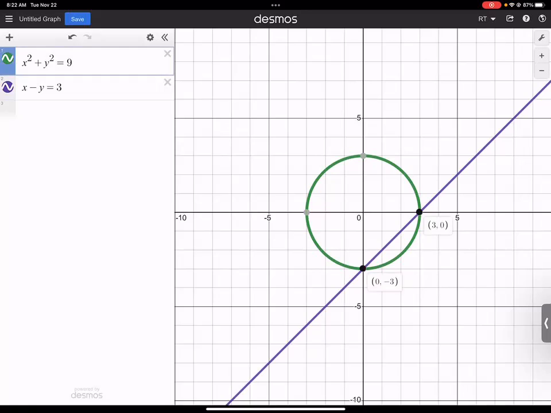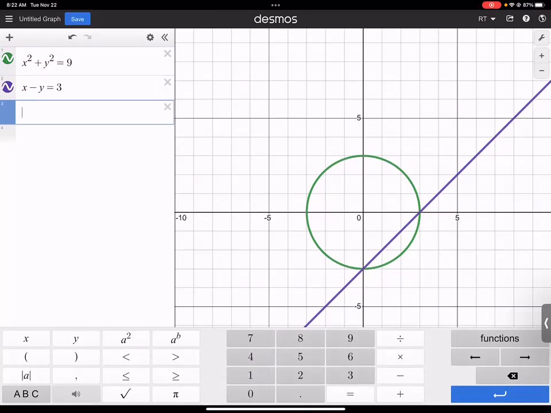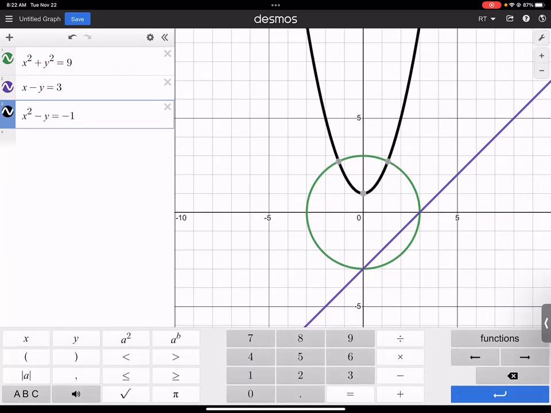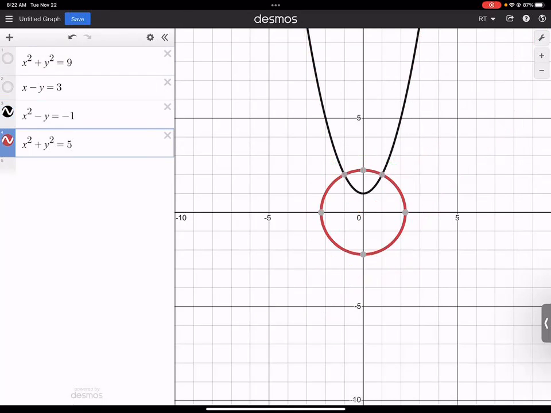Okay, the second one, x squared minus y equals -1, and x squared plus y squared equals 5. I should have turned some of those things off. The second one is these two things, right? x squared minus y equals -1 is a parabola, right? y to the first power, x to the second.